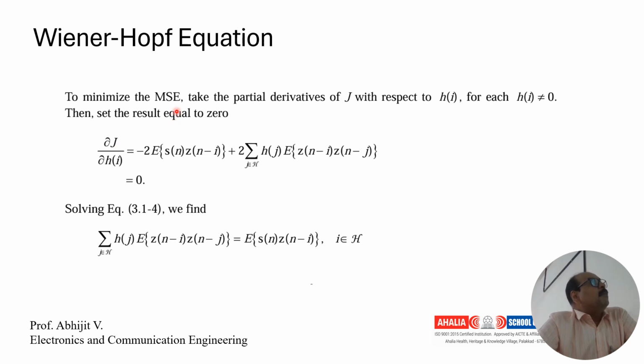So to minimize the MSE, we are finding the partial derivative of J with respect to H of I, and we are going to solve it.